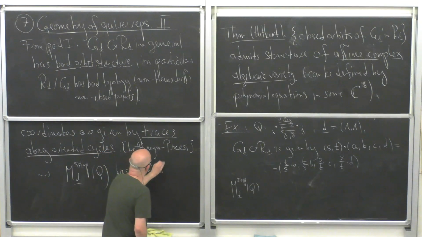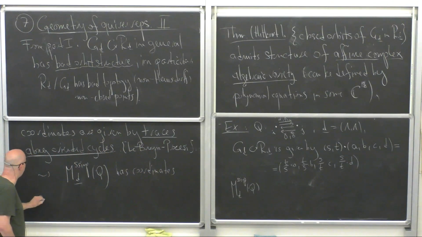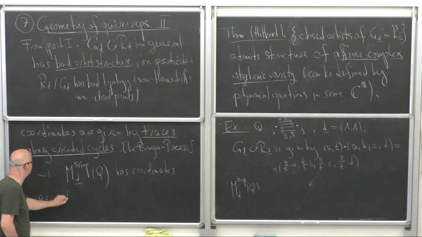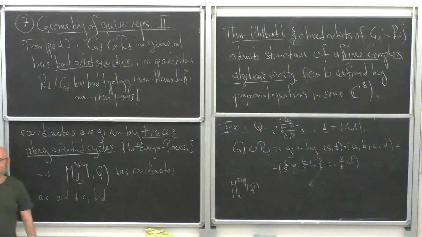So it actually turns out these are enough. So this has as coordinates A times C, A times D, B times C, B times D. These are 4 coordinates. And you can see, if you work this out, if you know these 4 coordinates, you know the closed orbits. This separates all the orbits.